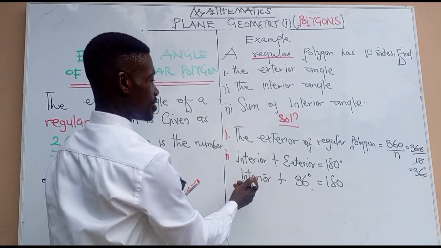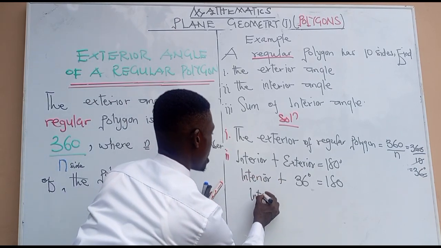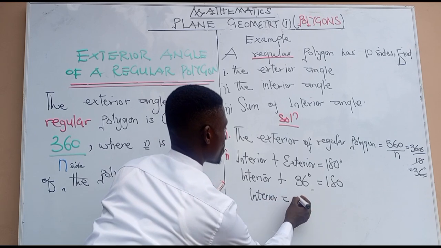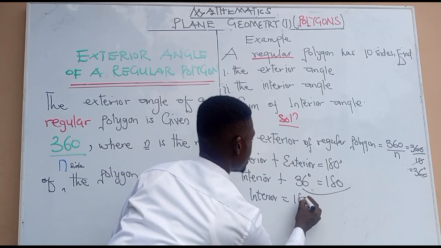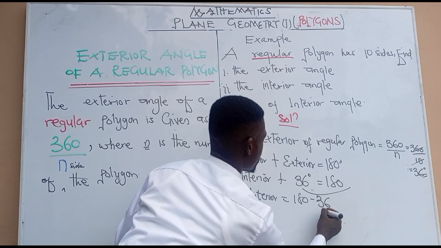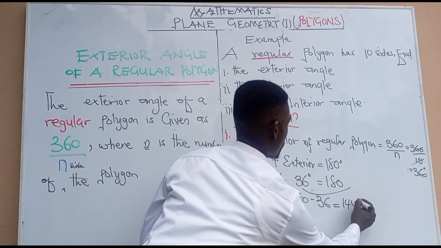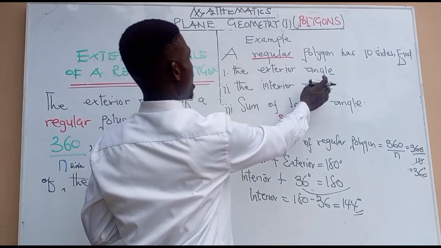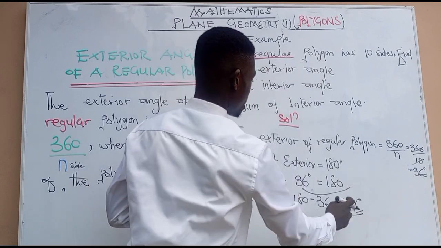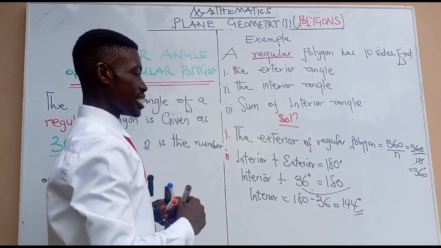So we are looking for the interior angle. So the interior angle is equal to 180 minus 36 degrees, 144 degrees. Therefore, the interior angle of that regular polygon is 144 degrees.